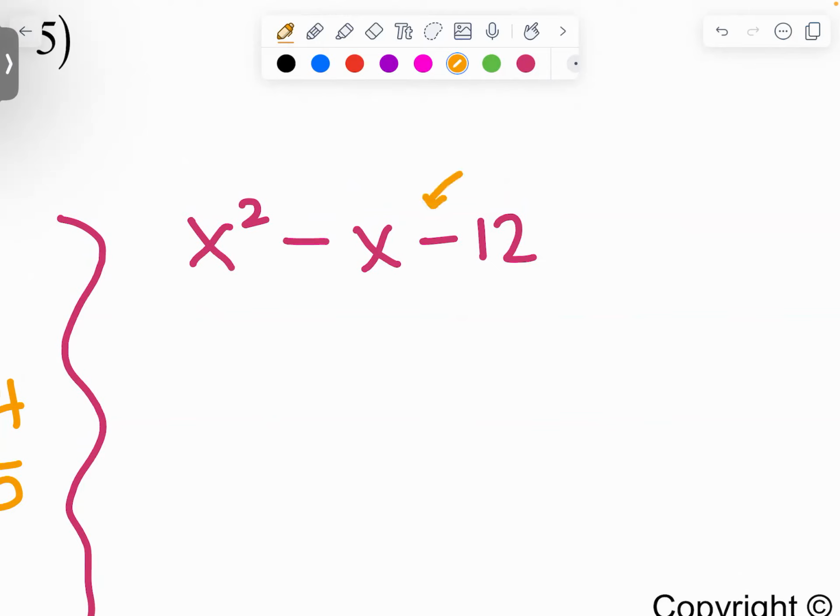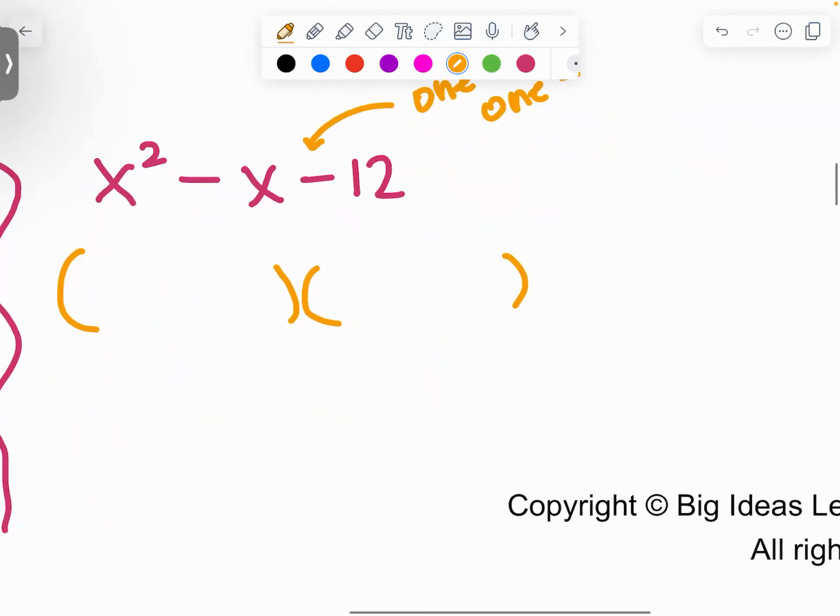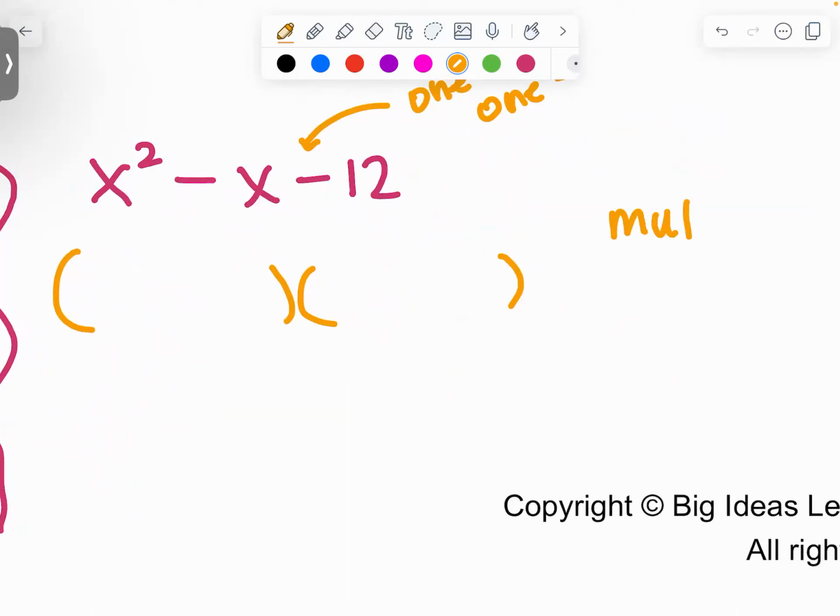Okay, the fact that 12 is negative tells us that we have one positive and one negative for our factors. We need to figure out what multiplies to negative 12 but adds to negative 1.